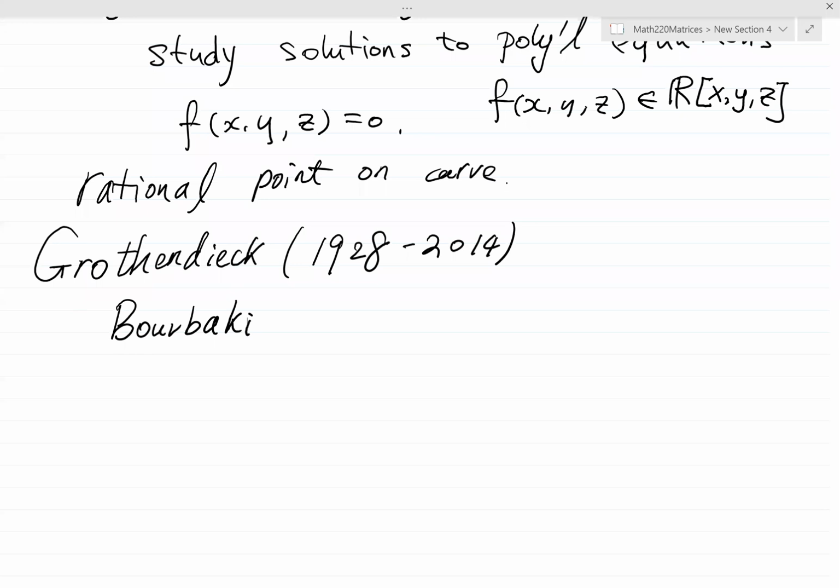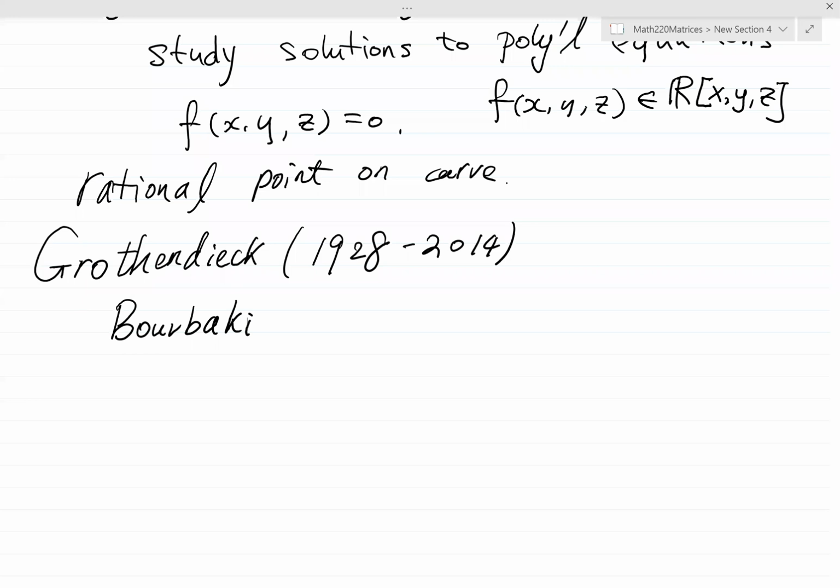What Grothendieck did is he used a different language, category theory. The idea is we understand an object by its relations with other objects. Or more concretely, we look at maps between objects. For instance, we talk about functions between different sets.